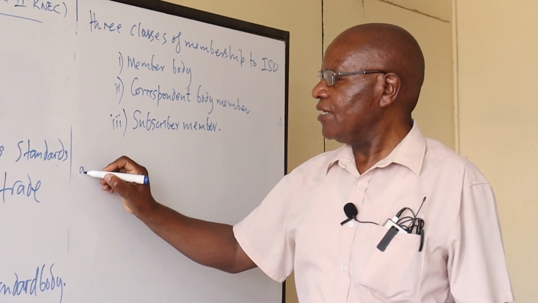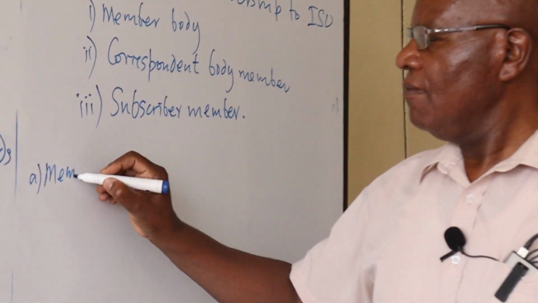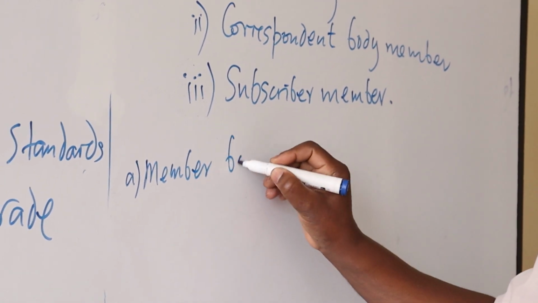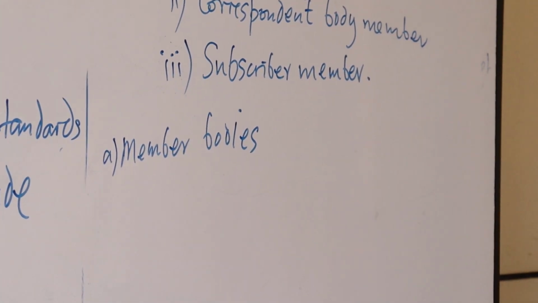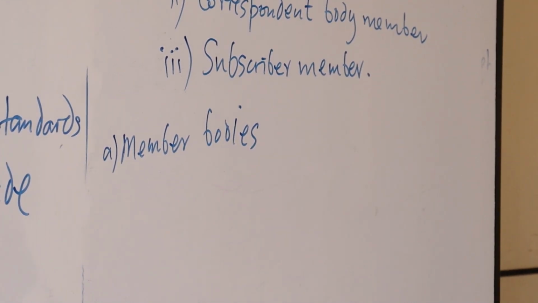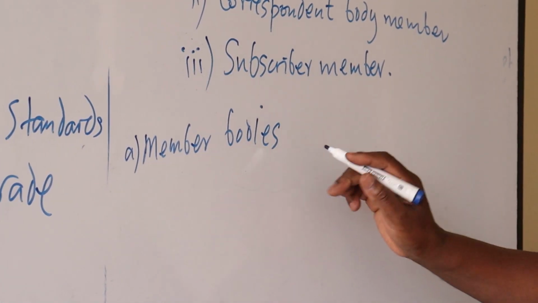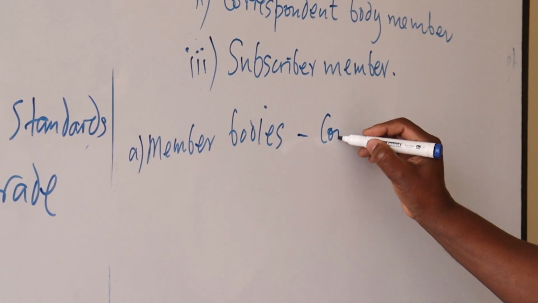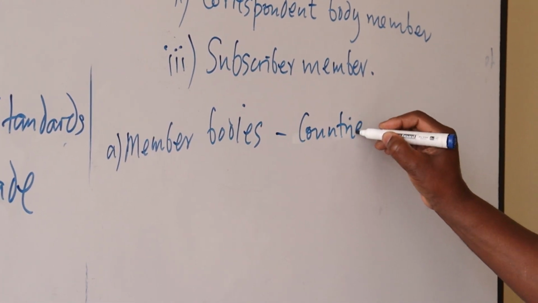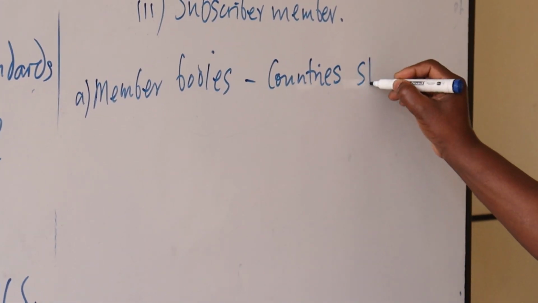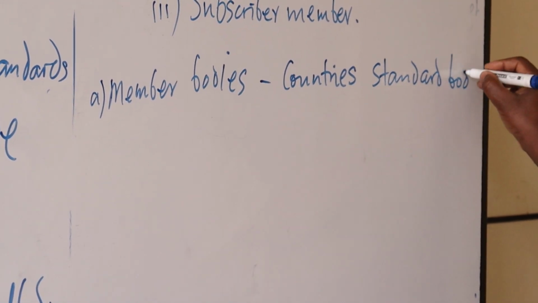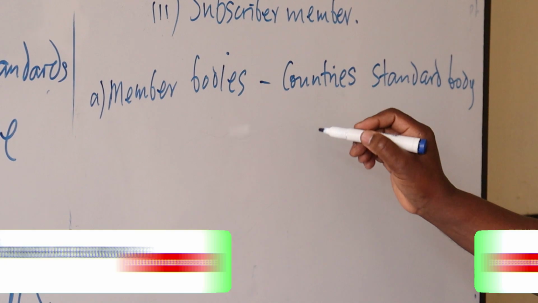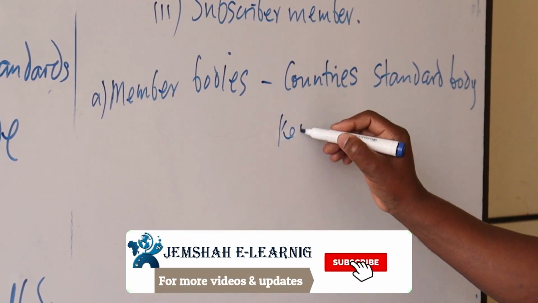Now, if you have a look at the member bodies, once you're a member body, this body will be the country's representative. In the case of Kenya, this will be KEBS.